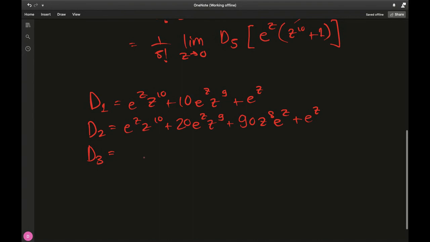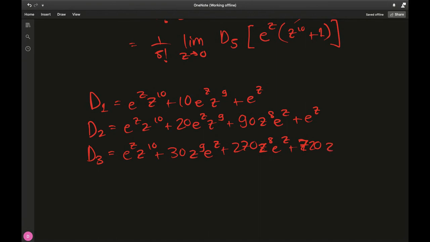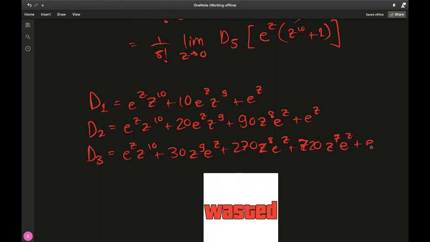Third derivative, e to the z to the 10 plus 30 z to the 9 e to the z plus 270 z to the 8 e to the z plus 720 z to the 7 e to the z plus e to the z.